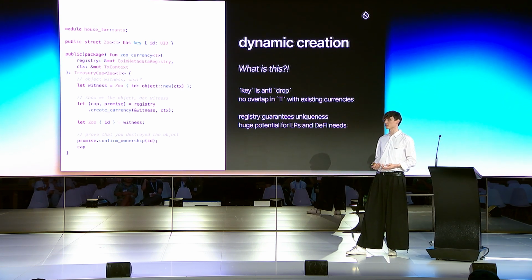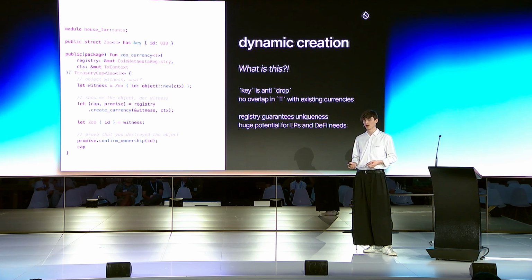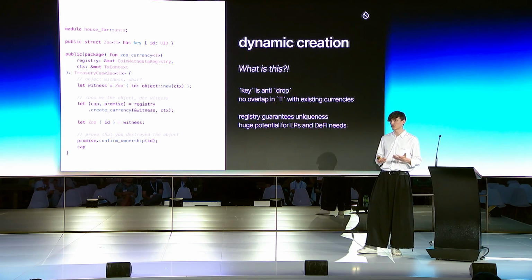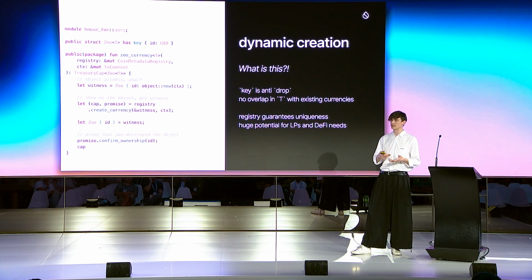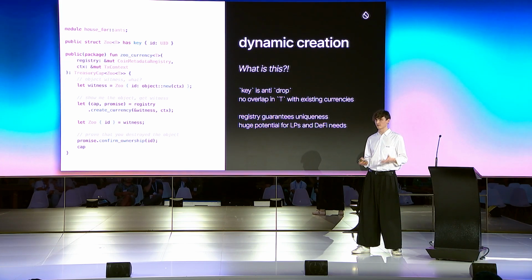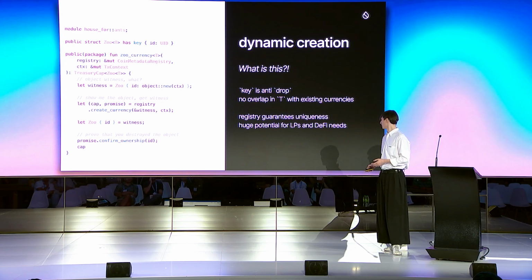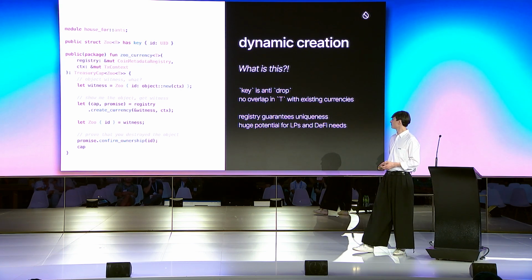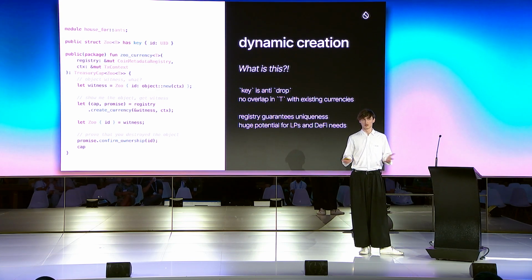But if you want to create, say, an LP token on a pair of token A and token B, then you really don't have an option to get the coin metadata and also the guarantees that this supply for this coin will be unique, because you will never be able to publish a one-time witness for it, right? And so for the LP tokens case, dynamic creation is an important feature.